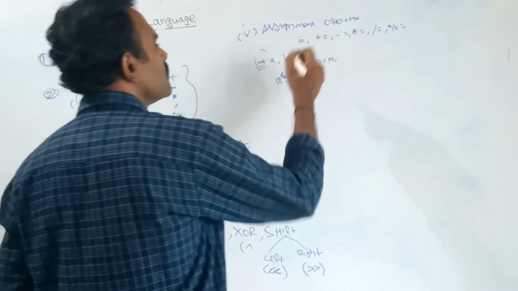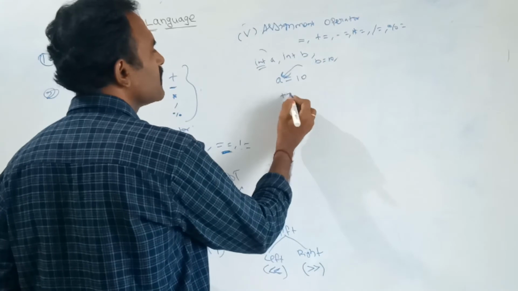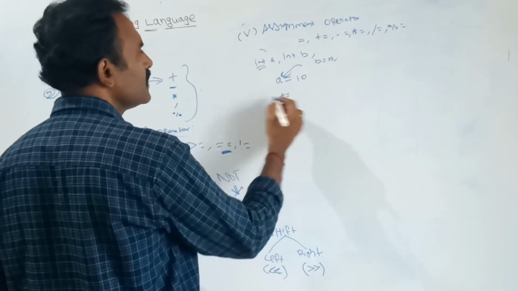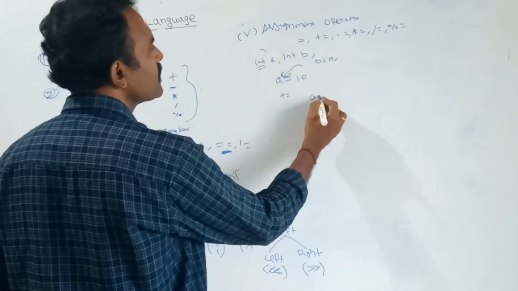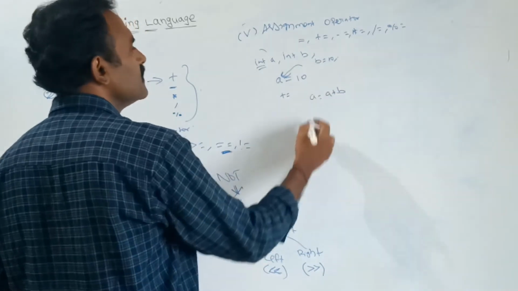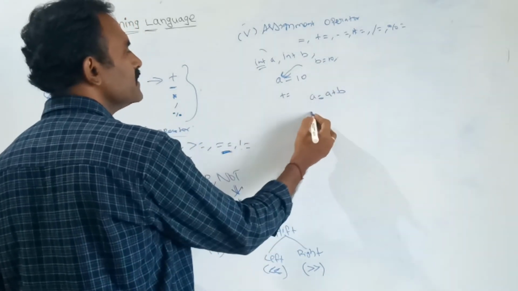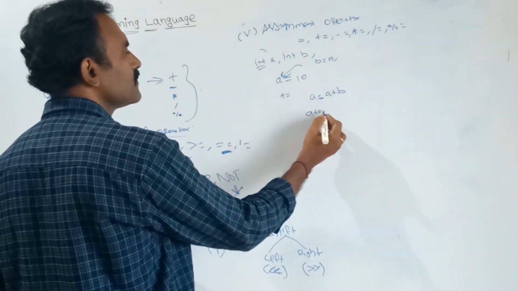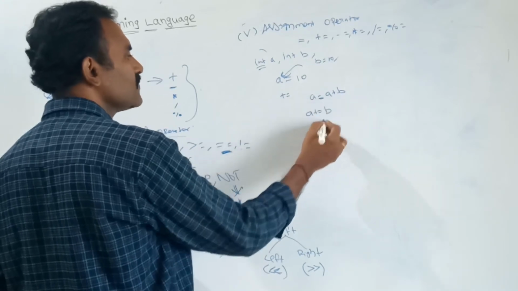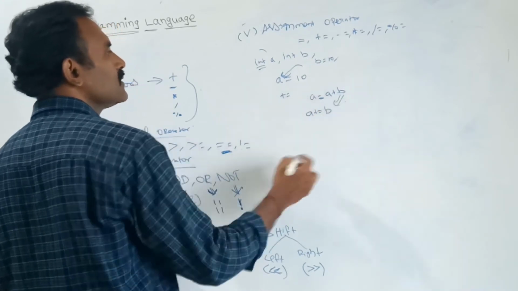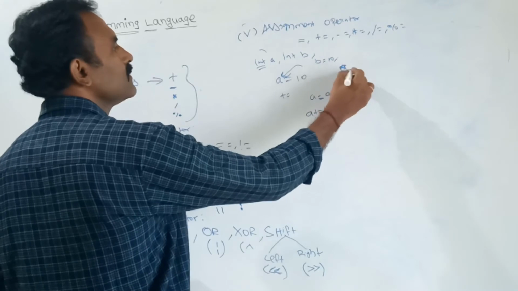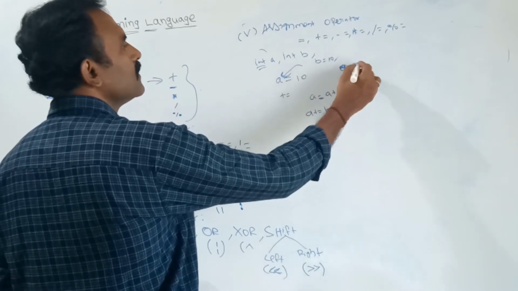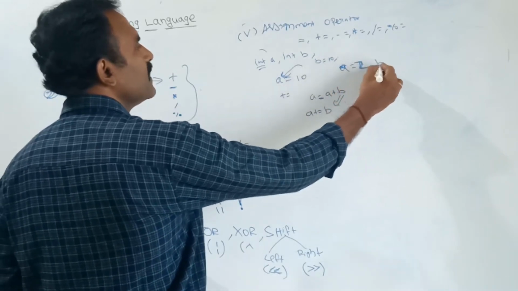Next let us see plus and equal to. Suppose here a is equal to a plus b. Instead of this, by help of the plus equal to operator we can write it like this. Both are similar. Suppose the value of a is 2 and the value of b is 10.